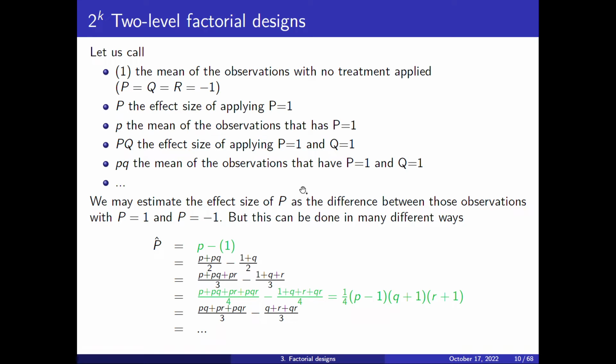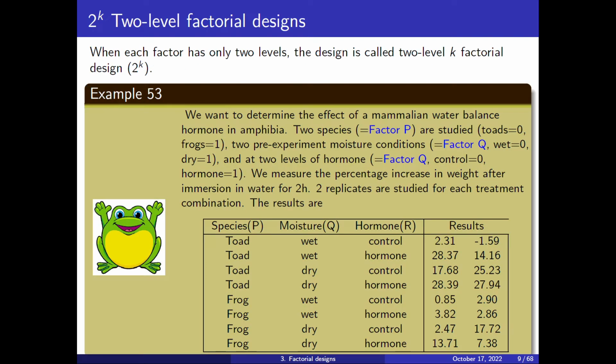So for an orthogonal design, we learned that we could estimate the effect size of P as the difference between the mean of all the frogs minus the overall mean, or the mean of these animals that have P equal q equal 1, r equal -1. So it was the toads, wet, and control.